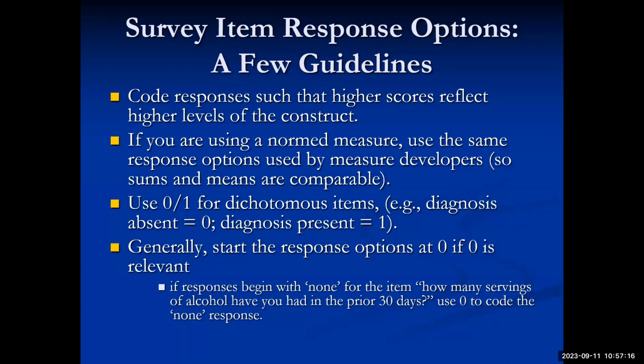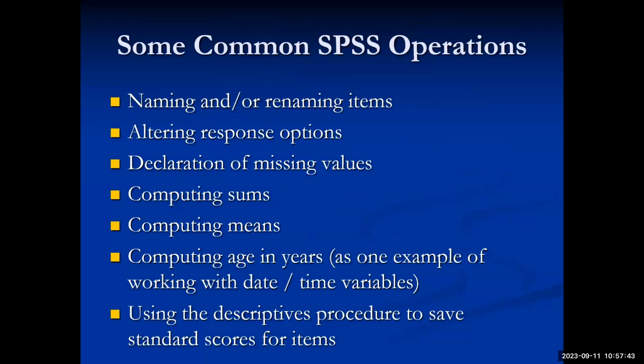So if the low end of the response scale suggests, for example, someone has used marijuana 0 times in the prior 90 days or not at all in the prior 90 days, I'll usually start those response scales with a 0 and go on from there. Otherwise, if you don't really have a meaningful 0 point, it's perfectly fine to start the response options with 1 and go up from there.